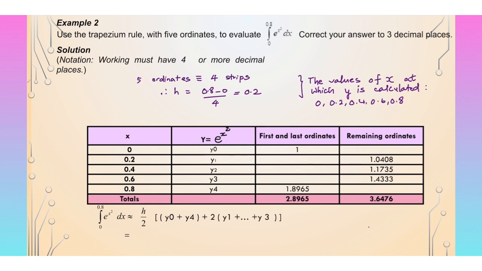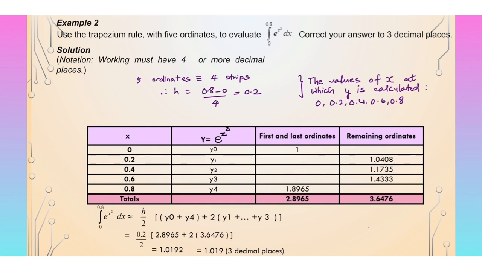We have h just now as 0.2, and we put it into the formula, and then we have here y naught plus y4, which is 2.8965, plus 2 times this value. Use the calculator, then we have 1.0192. And we want this to be 3 decimal places. This one is 4 decimal places.